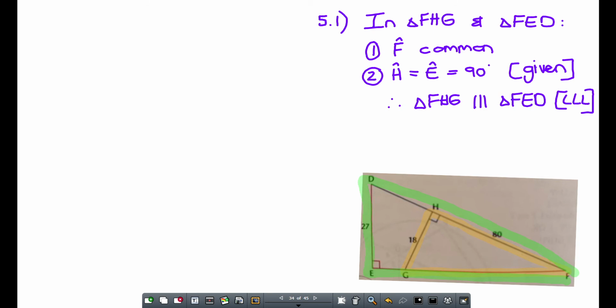So now I've got one already. Then, look at what was given. And remember, in geometry, nothing is given for nothing. It's always given for a specific reason. We give you just enough information to be able to do the sums. So if you're struggling with something, what I do is I go look at the sketch and I see, okay, this I've already used. That I've already used.